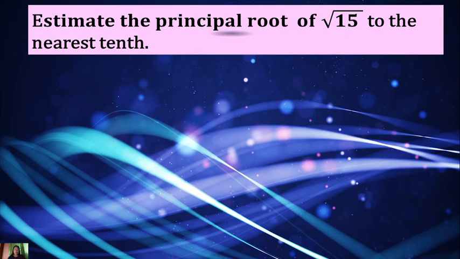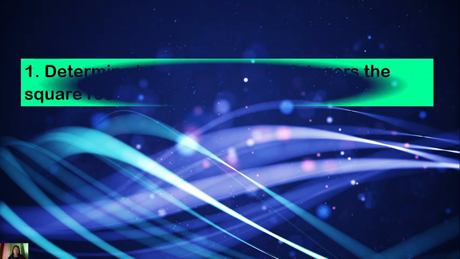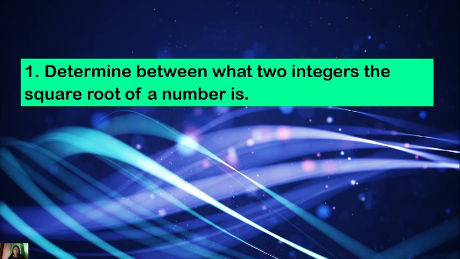What are we going to do? Okay, first, find the in-between integers. The square root of a number is. What are those in between two integers of the given number? Square root of 15.